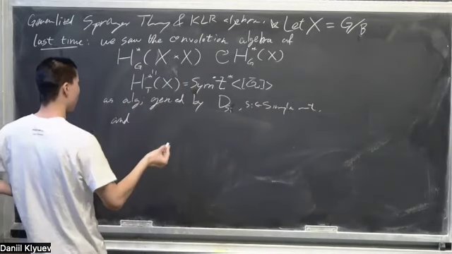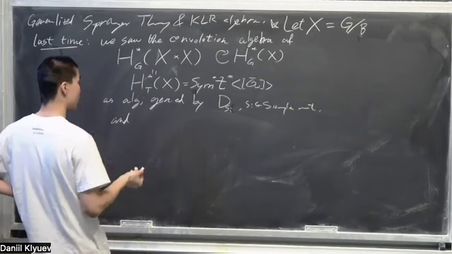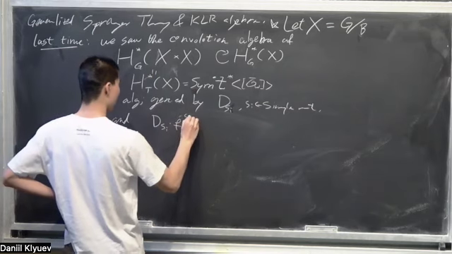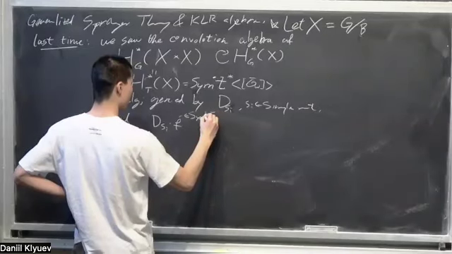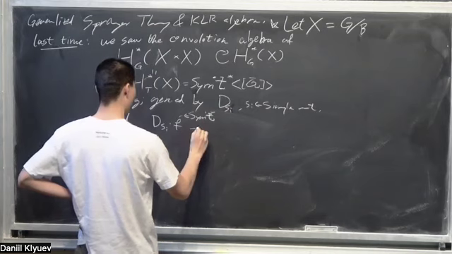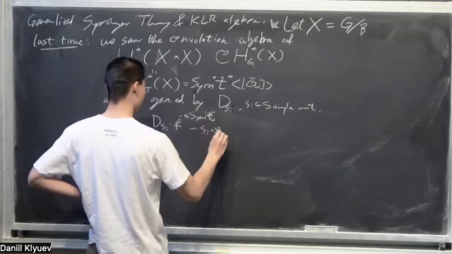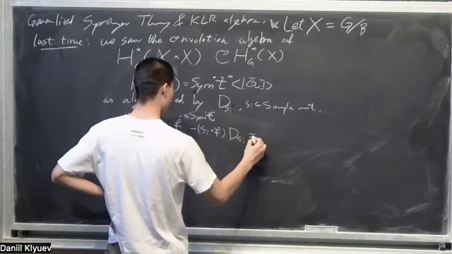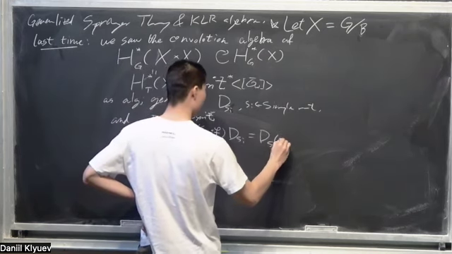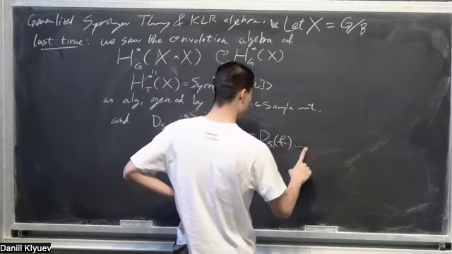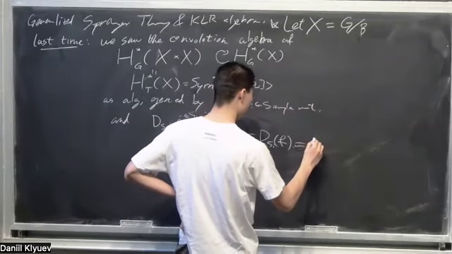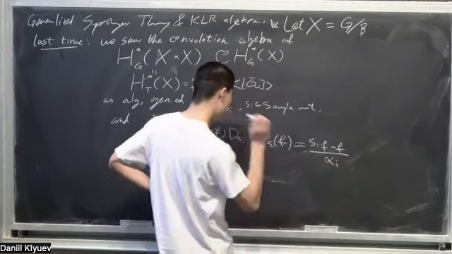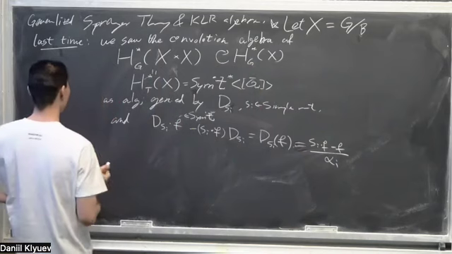The way they commute with polynomials in T dual is D_{s_i} times f minus s_i, the Weyl group acting on T dual, on f, equals D_{s_i} of f, which ended up being the action given here: s_i acting on f minus f divided by the root alpha_i. Right, so that's what we did last time.